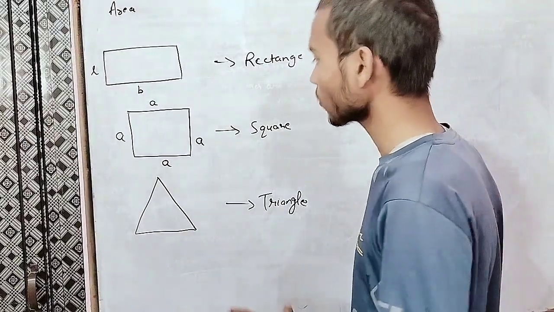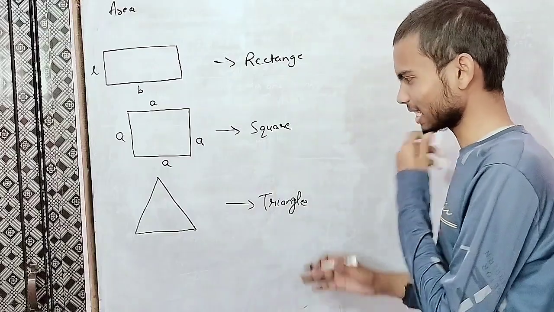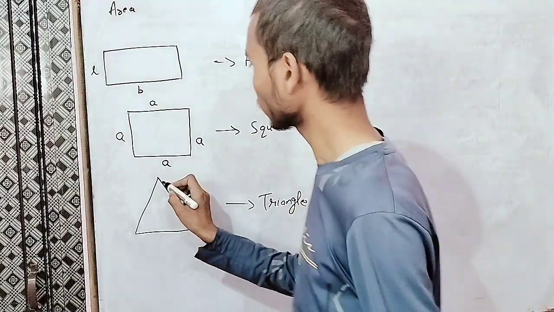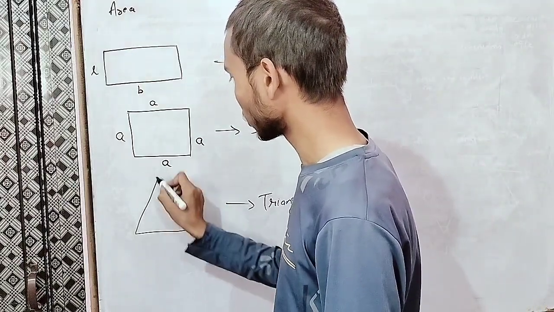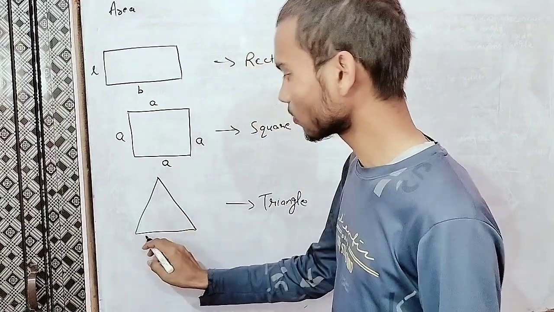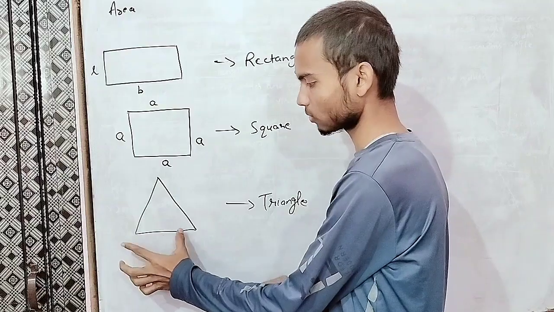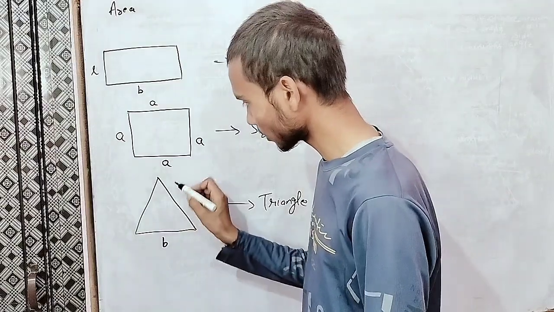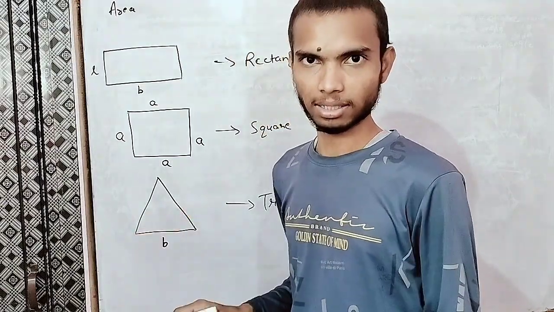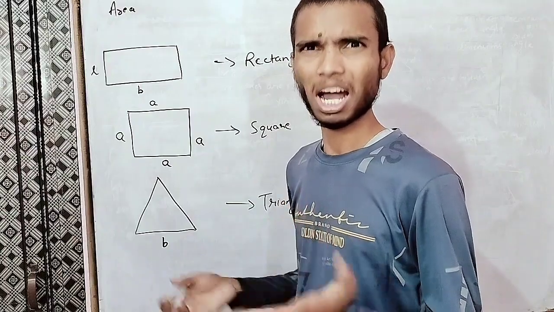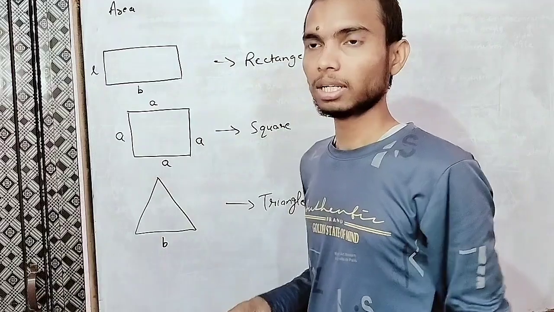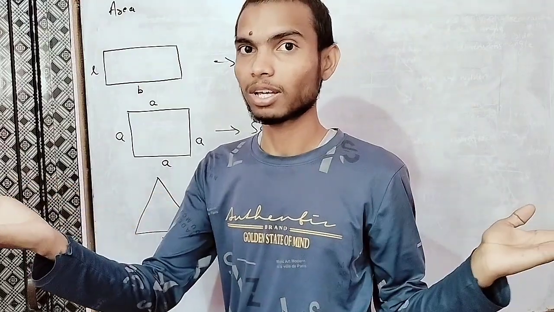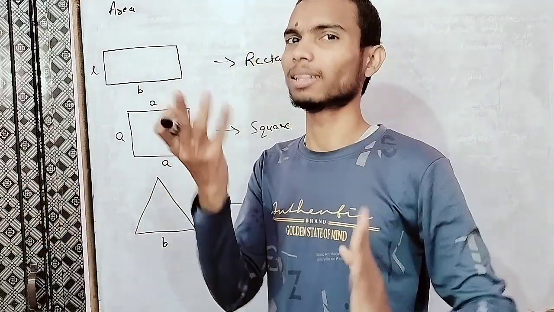Now this case is a bit complicated. It's like a complicated triangle. First of all, let's name it. This will be known as the base. This is a height. You can say x is a base, y is a height or length.